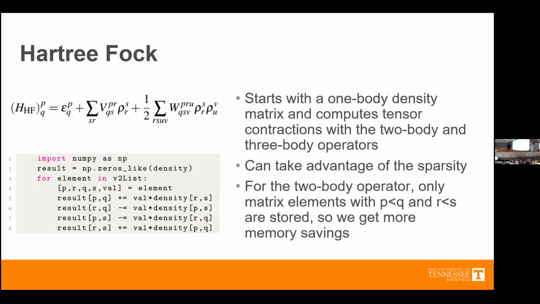The Hartree-Fock starts with a one-body density and then computes the tensor contractions with the two-body and three-body operators. This takes advantage of the sparsity better than the FCI. You can see that we can run a loop like this that only bothers to check over the non-zeros and doesn't waste time moving through many zeros in the sparse operators.